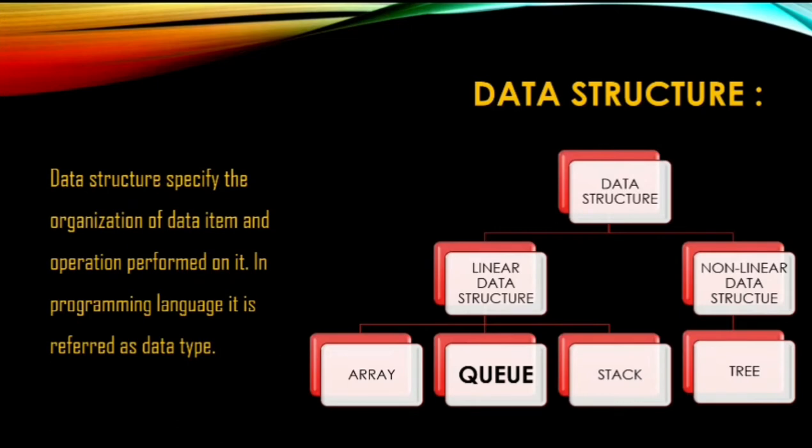How we are going to arrange particular data in memory is data structure, and in programming language it is referred to as data type. Data structure is of many types, but we are considering only two, linear and non-linear. Now we have to go with linear, and inside linear we have to go with Queue.